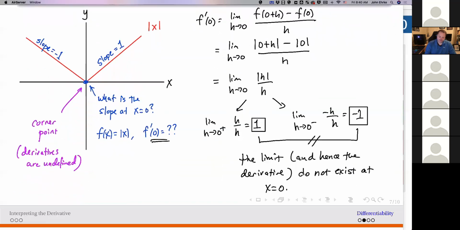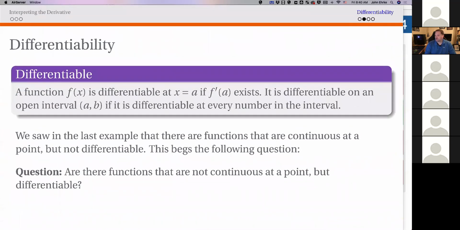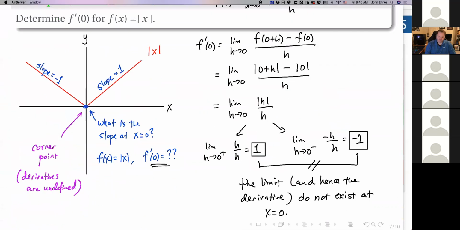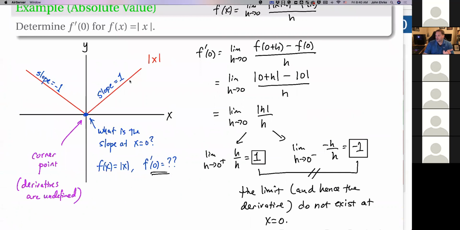All right, so a question that immediately follows here, and a definition that follows, is the definition of differentiable. So a function is differentiable at a point if the derivative at that point exists. On the previous example, we would say that the absolute value function is not differentiable.